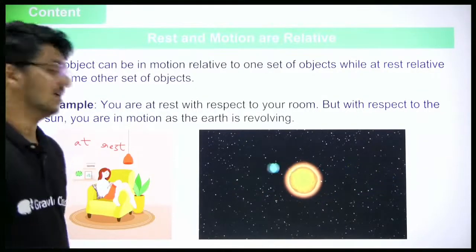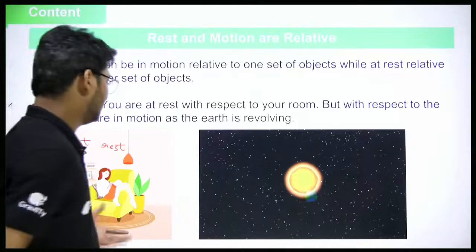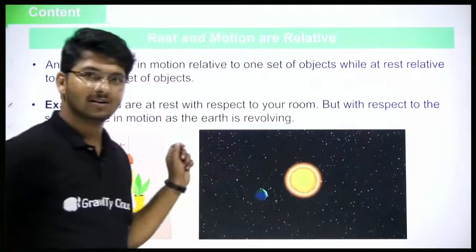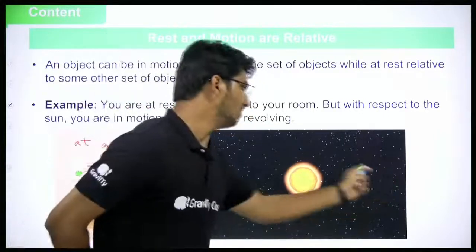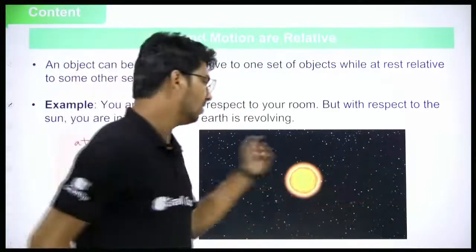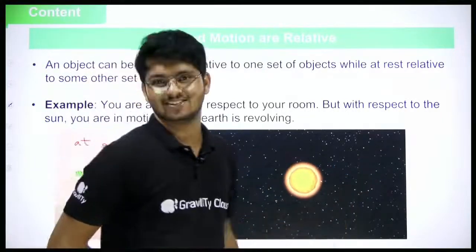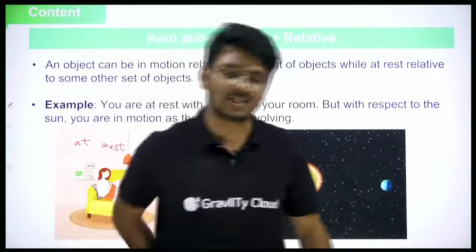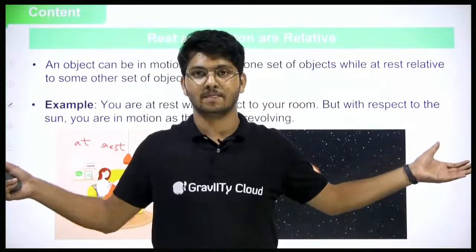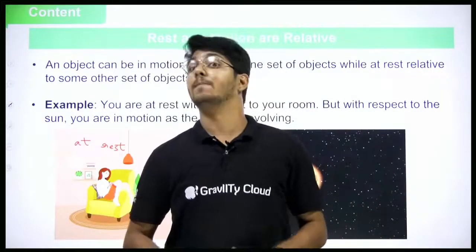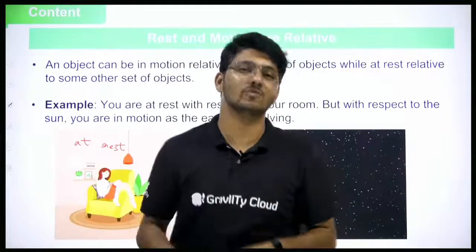The sun will say, the girl is not at rest, because see, the girl is on earth, and earth itself is moving. Now the girl will also move along with the earth. So for the sun, the girl is moving. Okay. So I'm standing here. I'm just standing here. Am I at rest? For you, I am at rest. I am just standing. But for the sun, I am moving.